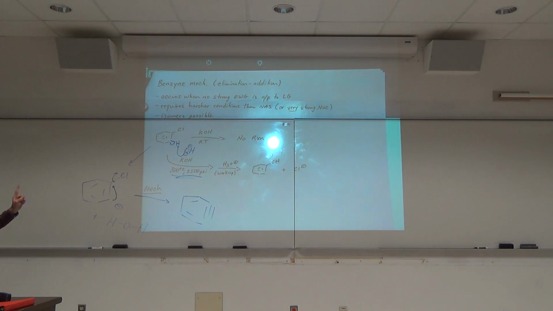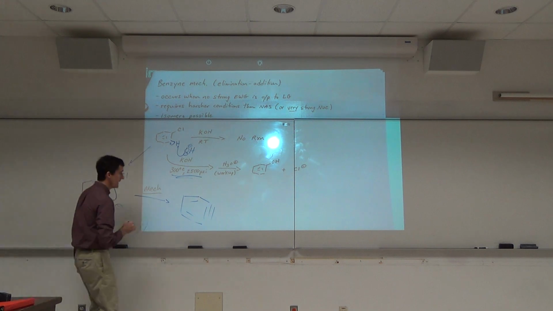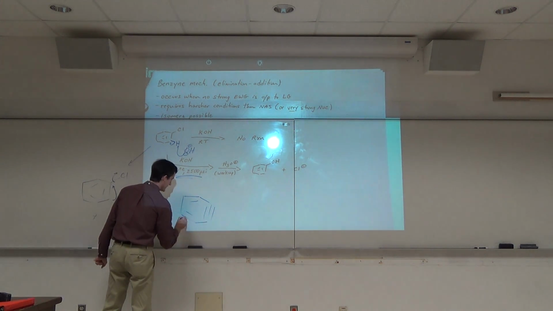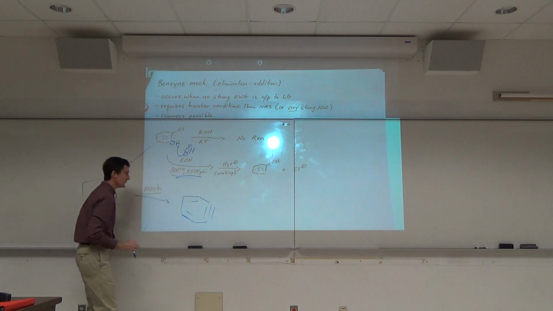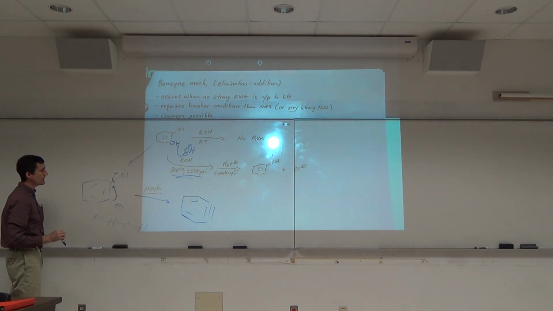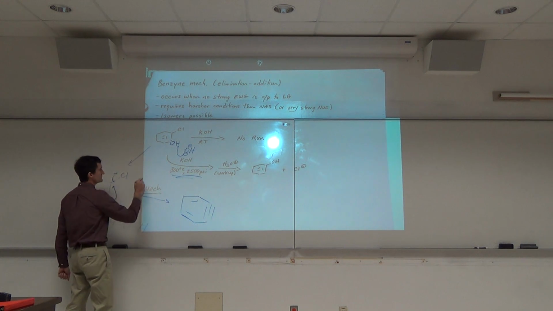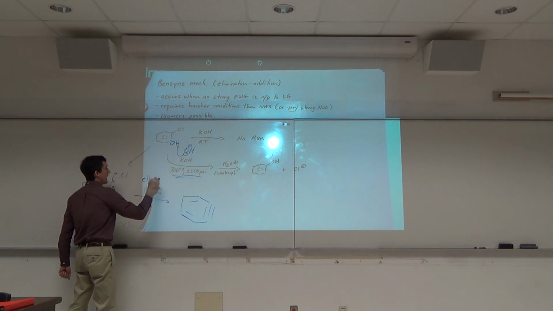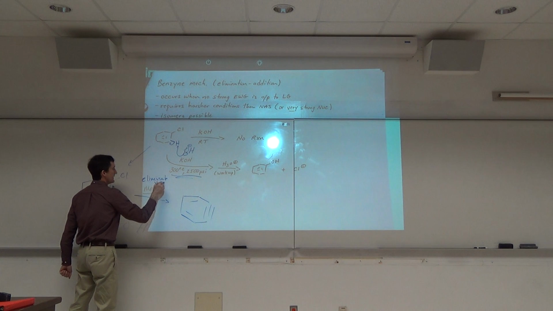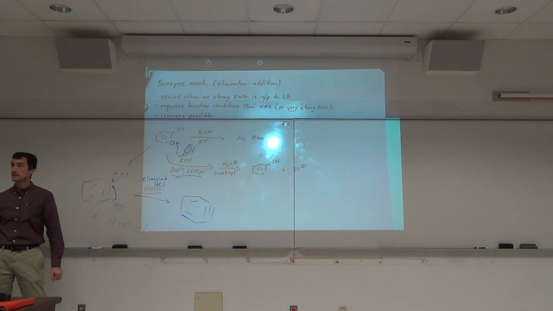That's called a benzyne. That's what a benzyne is. Where does it come from? What did we do here? We eliminated HCl. That's what we did here to get that.